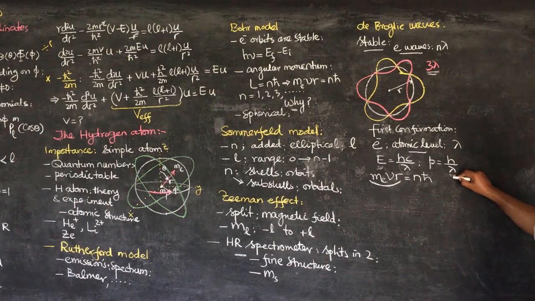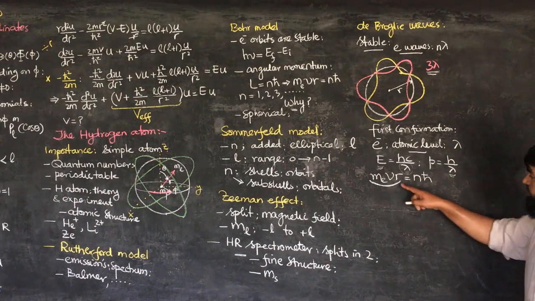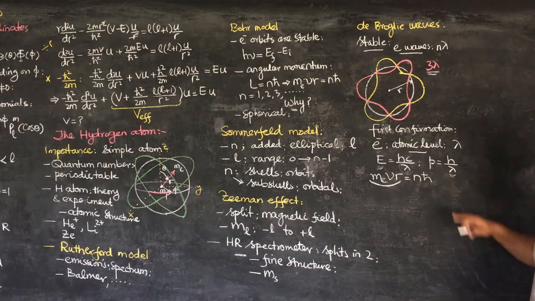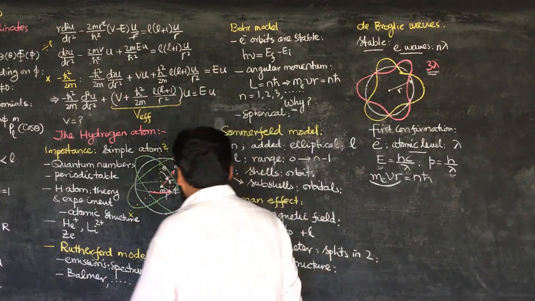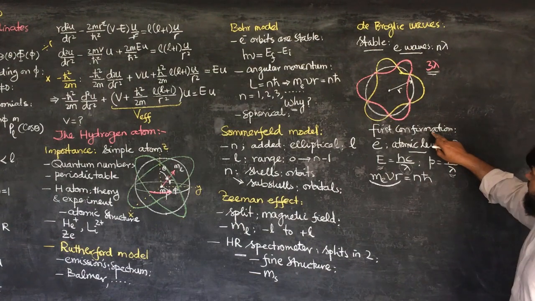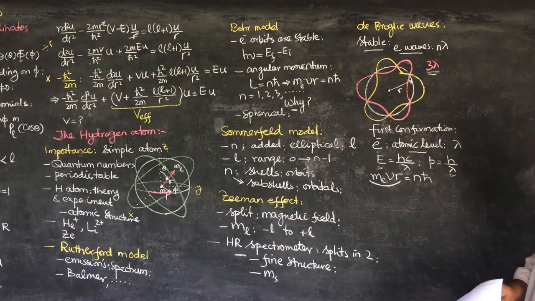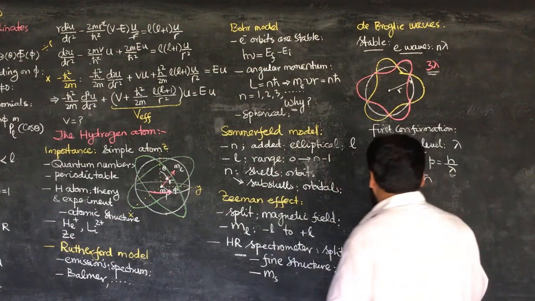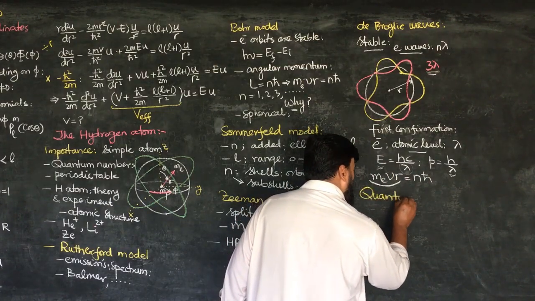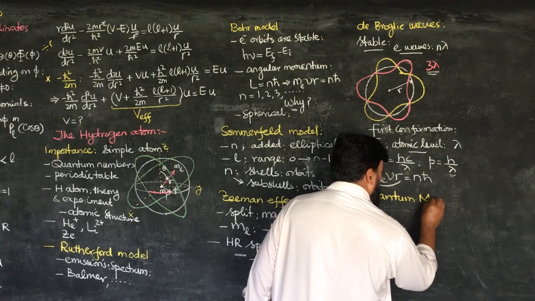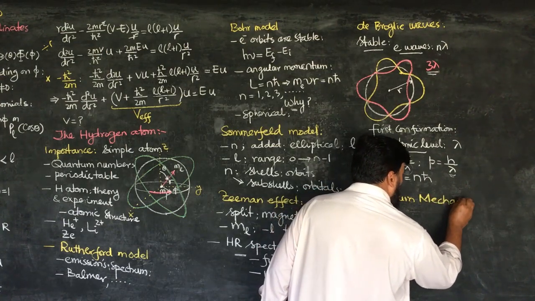So when the number of wavelengths fits, they will be an integral multiple of h bar. And from here quantum mechanics actually started. Now, the Schrodinger wave equation is one of the first things in quantum mechanics.